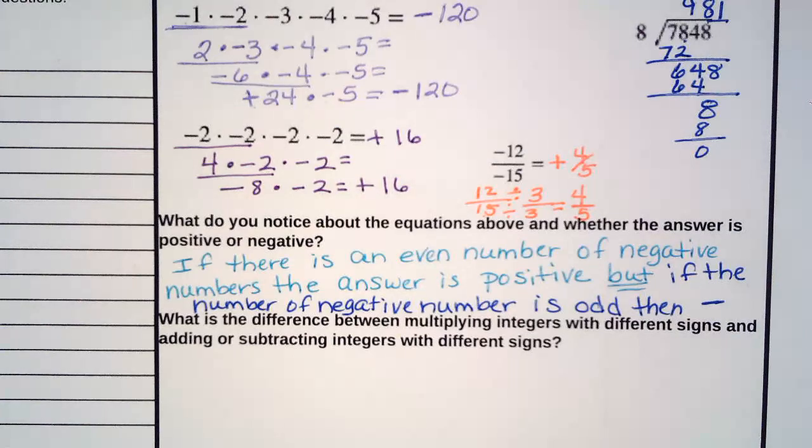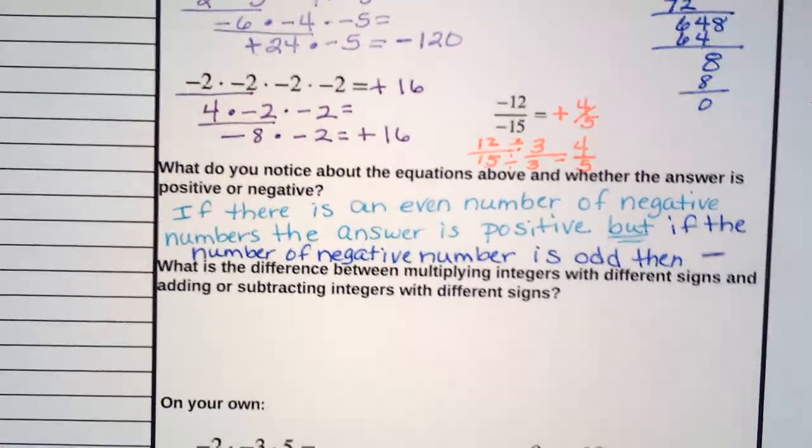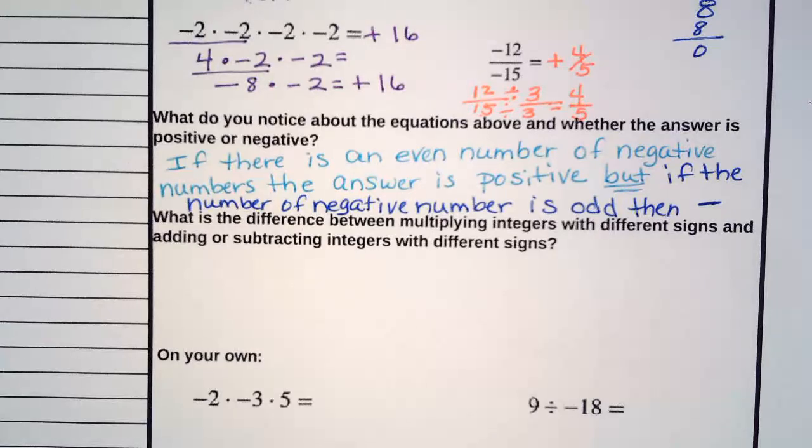Okay, so when you're multiplying or dividing, if you've got an even number of negative numbers, then you're going to have a positive number. But if you've got an odd number of negative numbers, then it's going to be a negative answer.